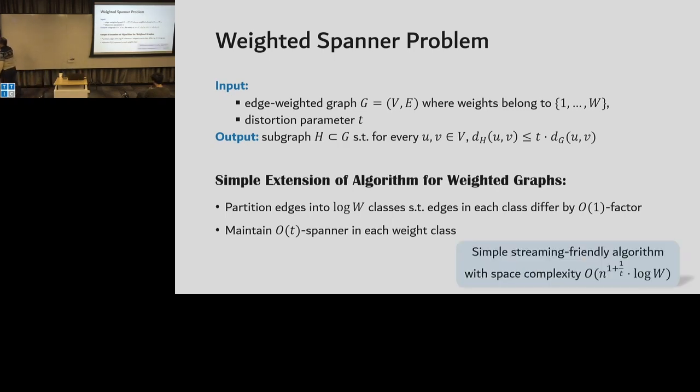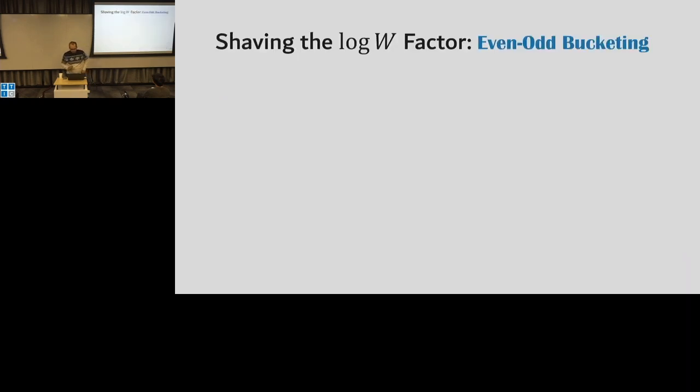We can show that it's still an O(t) spanner. We're just losing an extra constant factor because of this bucketing idea. And the space complexity increases by a log W factor, because this is the number of weight classes that we have.